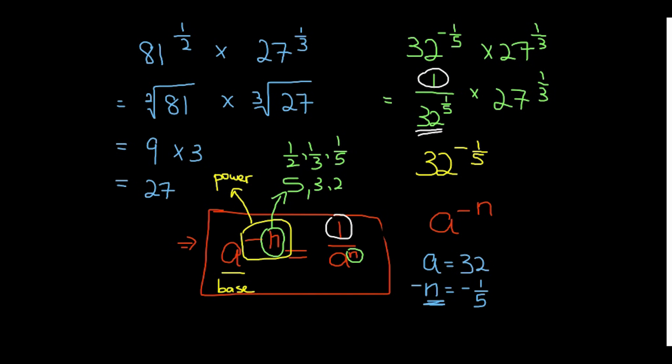So you'll see where the A comes from again. And now N, remember, like I was just pointing out, she said minus N is minus 1/5. Now if I want N alone, it is the 1/5 itself. And this is the reason why that 32 to the power of minus 1/5 becomes 1 over 32 to the power of 1/5. So just checking, is it clearer for everybody?